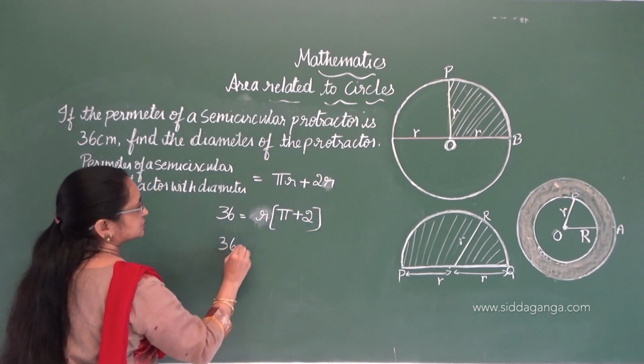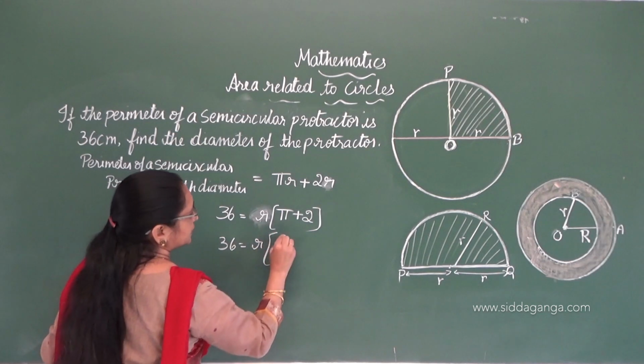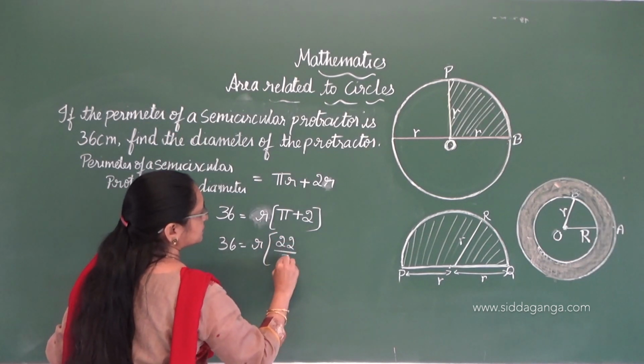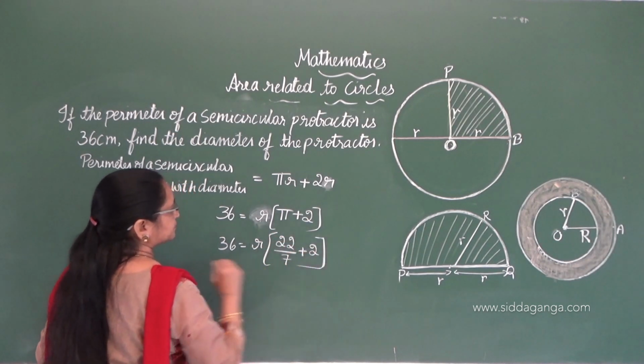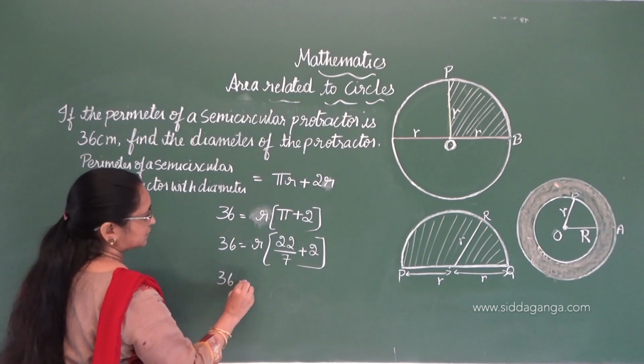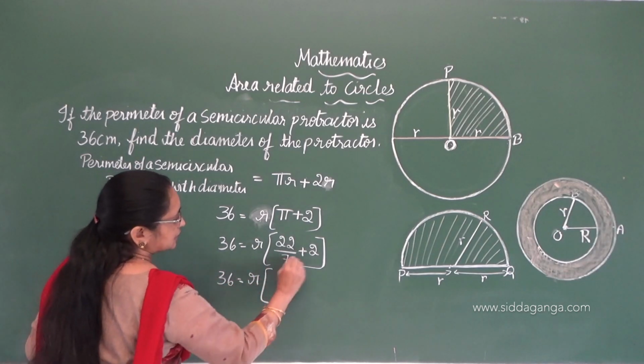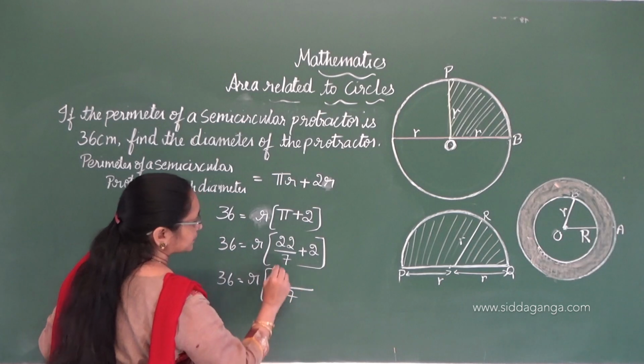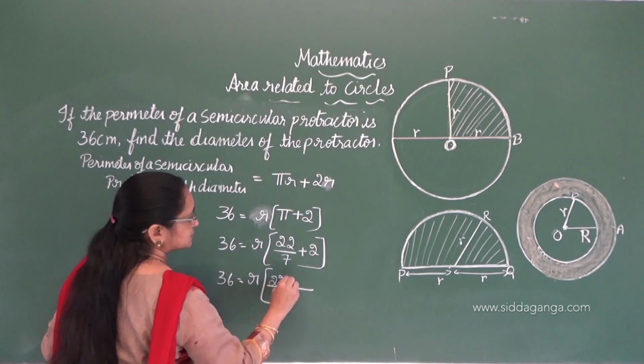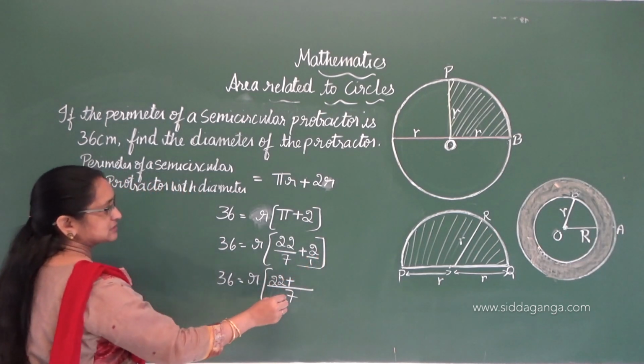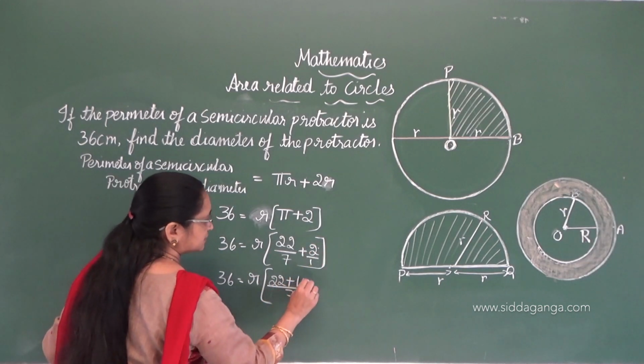Now 36 is equal to r into 22 by 7 plus 2. Here I will take the LCM: 22 plus, 7 twos are 14.